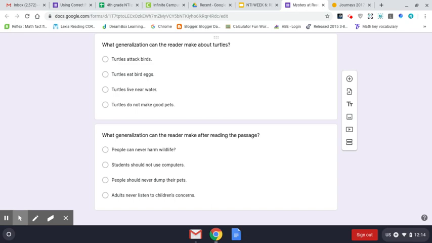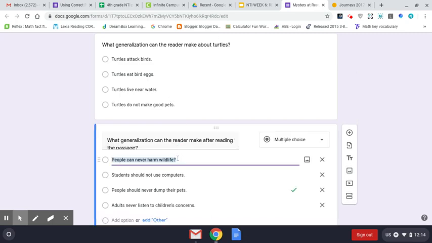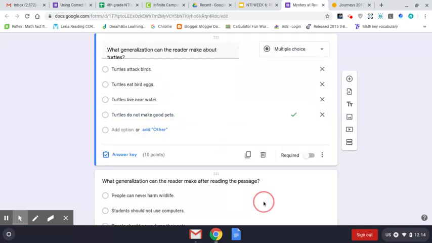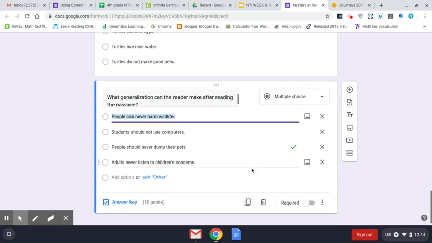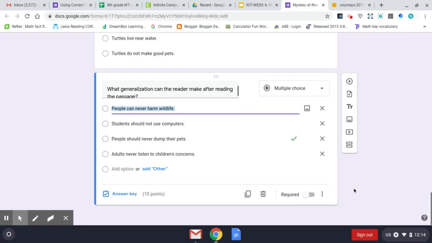I may have on a raincoat. There's different things. So think about generalizations there. And I'm seeing another mistake. I put a question mark when I should not have. And the last question is, what generalization can the reader make after reading the passage? What generalization can the reader infer after reading the passage?